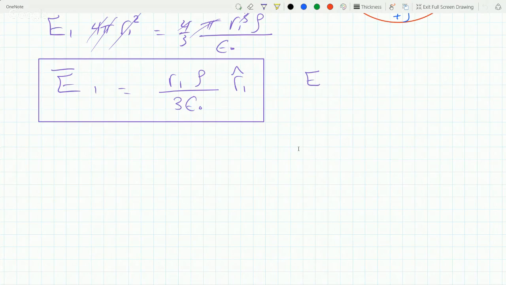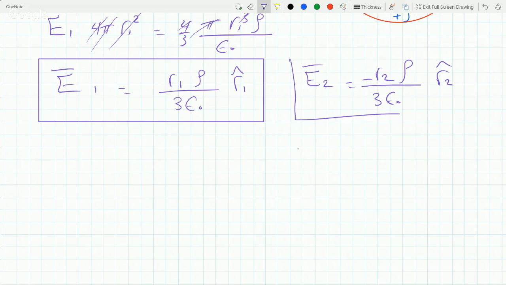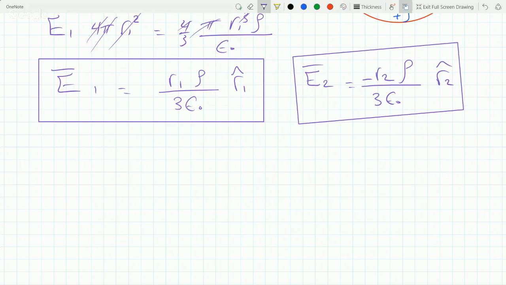So now for E2, I just replace r1 with r2. This is minus rho over 3 epsilon, and this is in the r2 direction. So now we basically have two vectors.